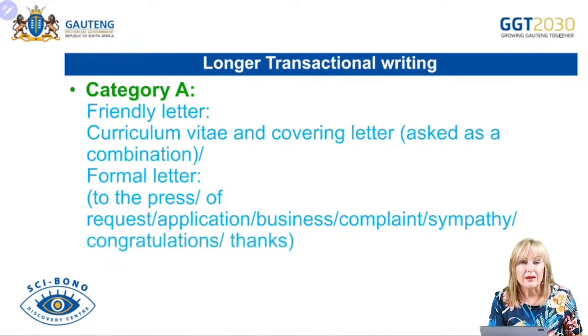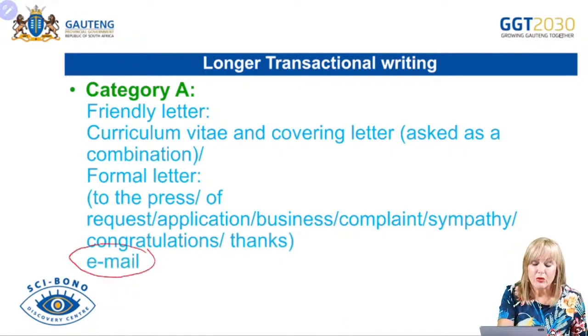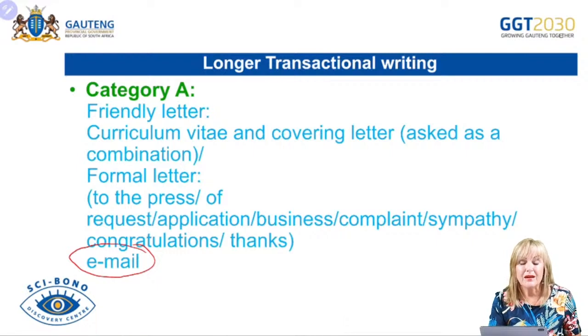You can even write a letter of congratulations or thanks. And then this is a new question that we could expect, an email, because the email is taking the place of a letter, even though it's still the same format. It's just that you write it not on a piece of paper that's put in an envelope. You write an email on the computer.